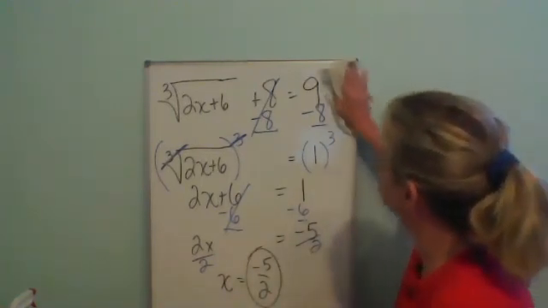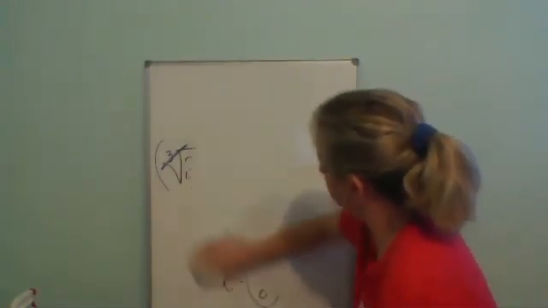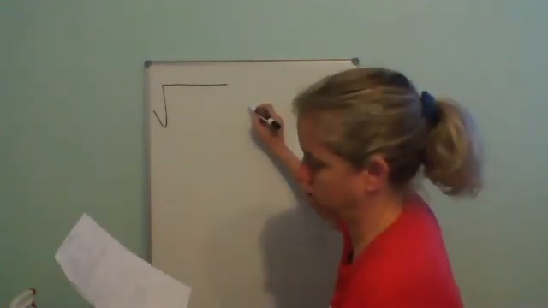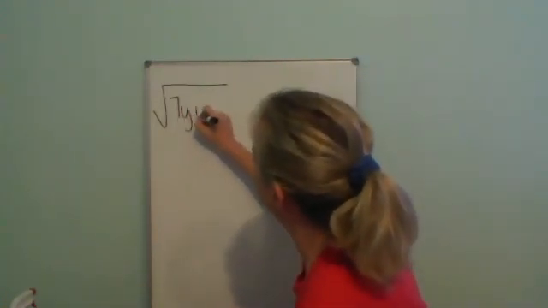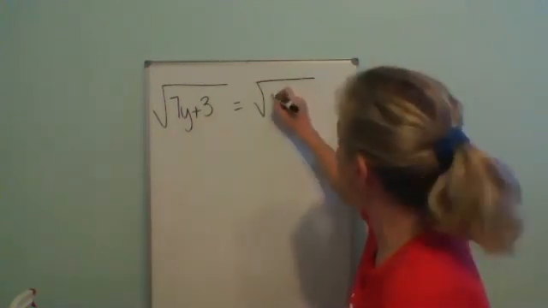All right, last one. Number 25, another radical equation. This time I have square roots on both sides. I've got the square root of 7y plus 3 equals the square root of 6y plus 5.